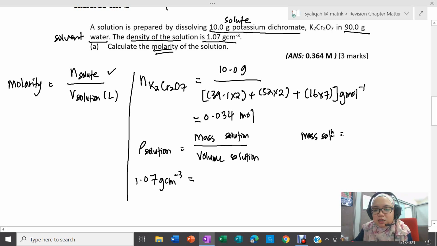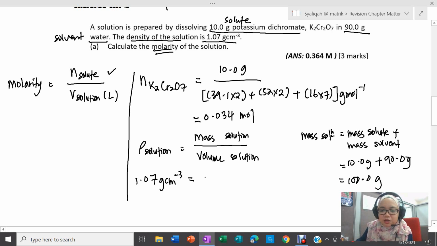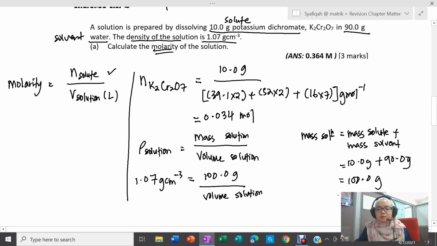Mass solution is equals to mass solute plus mass solvent. So, solute awak tahu mass dia 10 gram. Solvent 90 gram. So, you akan dapat 100 gram. So, dekat sini awak boleh tulis kat sini. Mass dia 100 gram divide by volume solution.